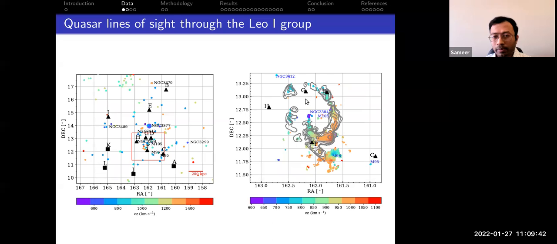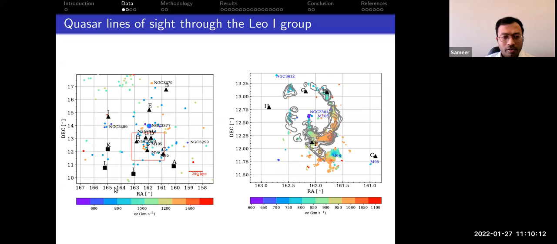So whether it is pristine in nature or whether it is something that has formed out of a merger of galaxies has been a debate for the past more than 15 years. So in this work, we have investigated the plausible origin of this ring as well. And the colors that we are seeing here are basically the heliocentric velocities of gas, and they're indicated with this color legend here.